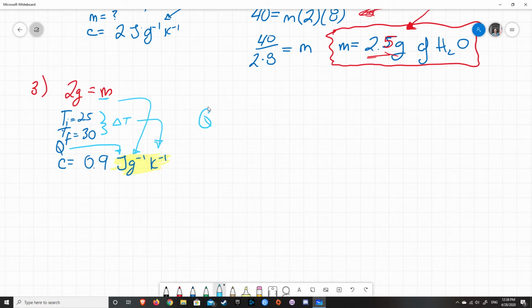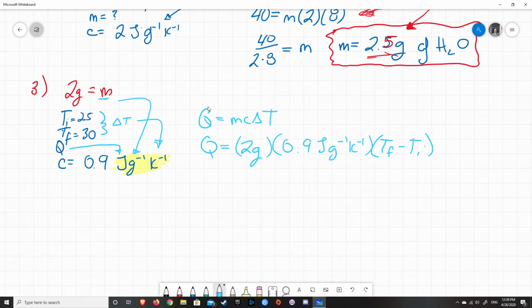So we write down the formula, Q equals mc delta T. So we've got Q, mass is 2 grams, C is 0.9 joules per gram Kelvin, and finally our delta T is TF minus TI.